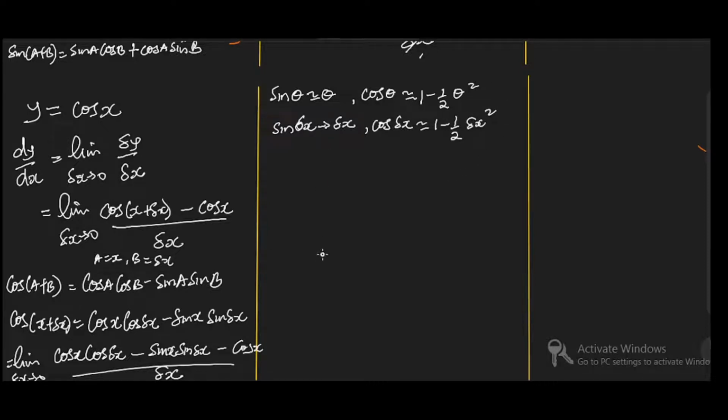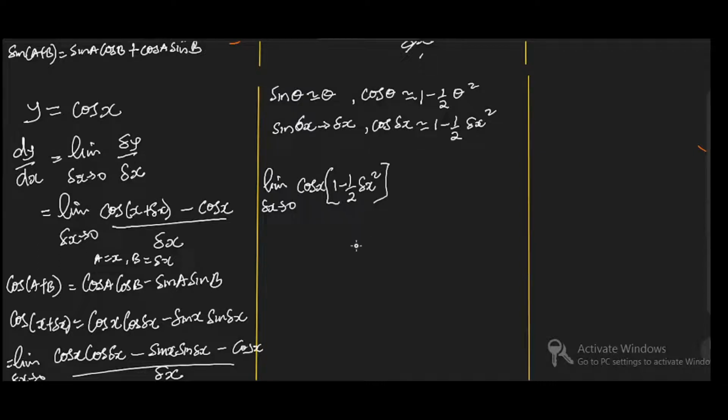Same thing, we do the substitution again. So we shall have the limit as the small change in x tends towards 0. Cos x will remain as cos x, into cos of the small change in x, which is 1 minus a half small change in x squared.